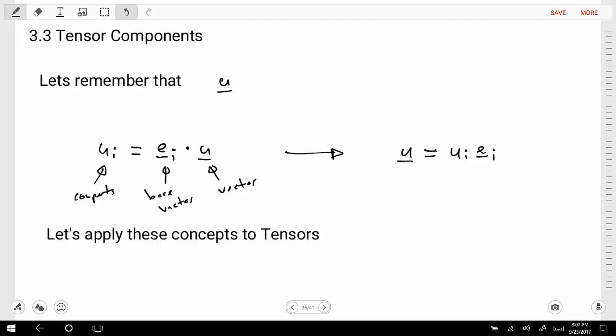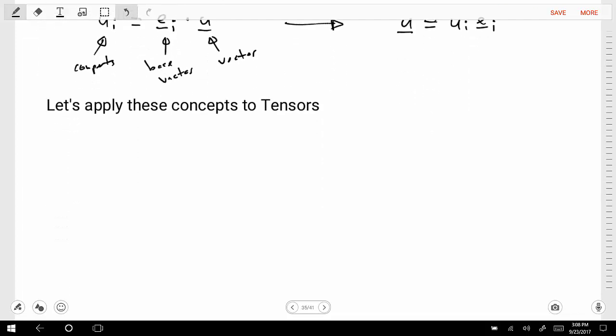So we're actually summing the value of each component, u1 and the base vector 1 plus u2 base vector 2 plus u3 base vector 3 to build our vector u. This is the basis of how we can define the orientation of our vectors in our space, based on these base vectors.